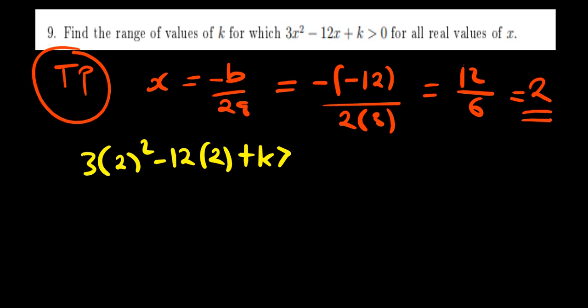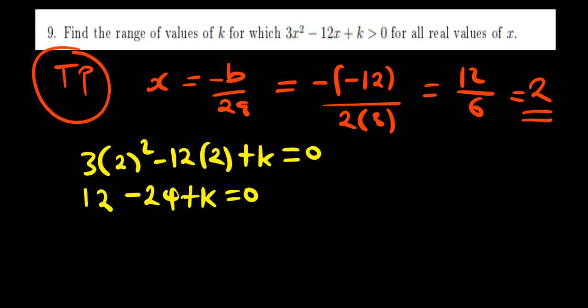So it will be 3 times 2 squared, that is 3 times 4, which is 12, minus 12 multiplied by 2, that is 24, plus k, equals 0.